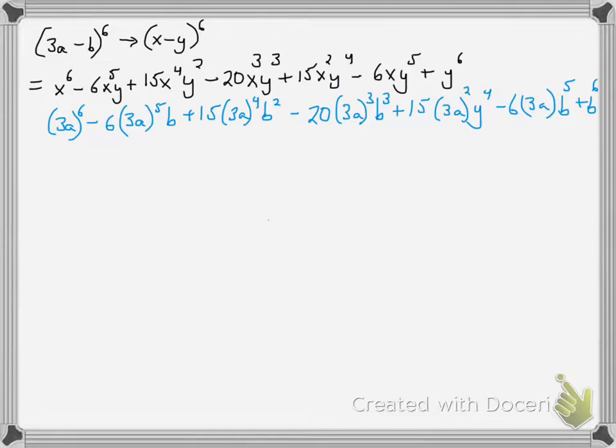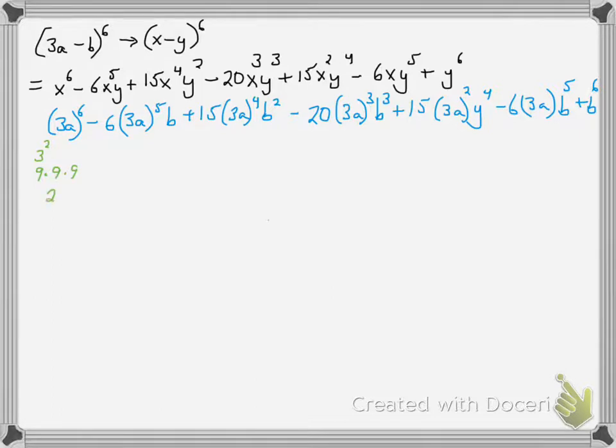Now the last step is to go ahead and calculate this out. 3 to the sixth power is, well, 3 squared is 9, so this would be 9 times 9 times 9.